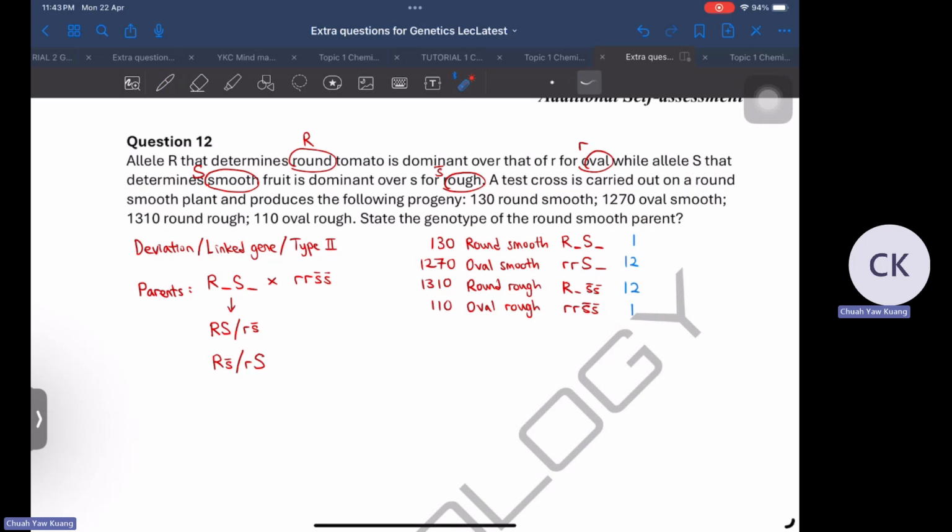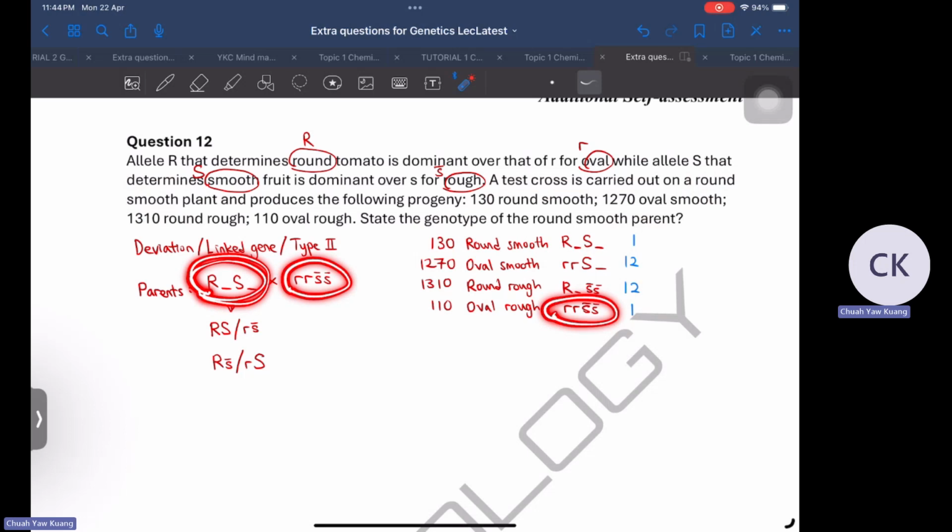You might wonder why I directly write that this is heterozygous. The reason is that when we do the test cross and you find offspring with the homozygous recessive genotype, then the other parent being tested must be heterozygous.